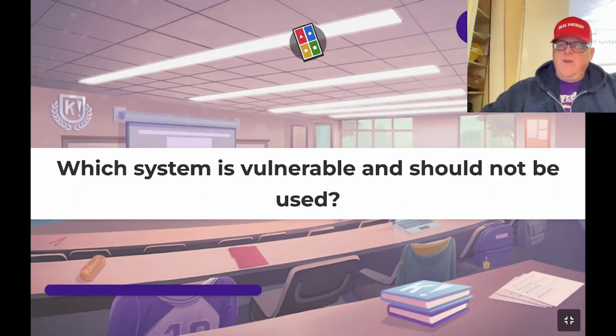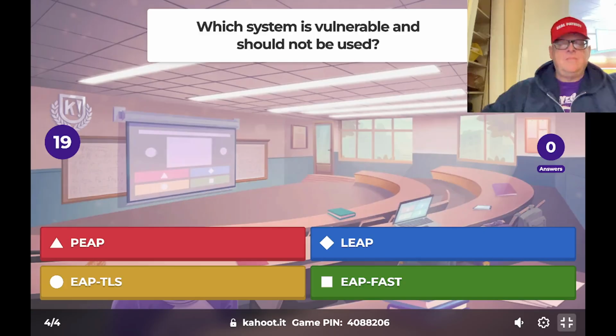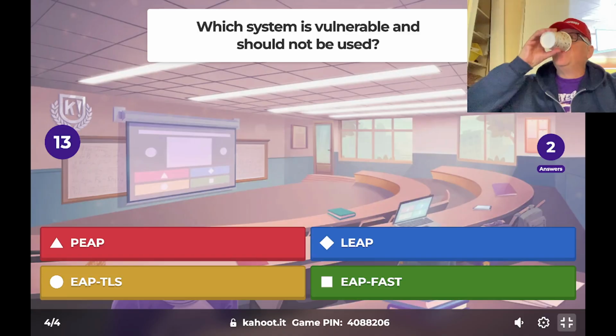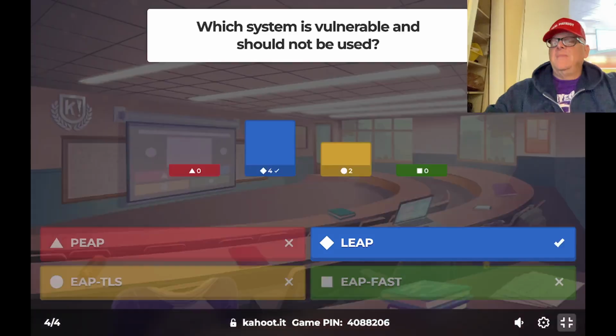All right, which one is vulnerable and should not be used? Yeah, LEAP. Cisco's protocol.